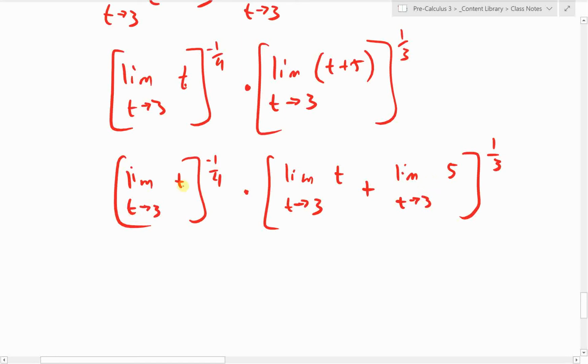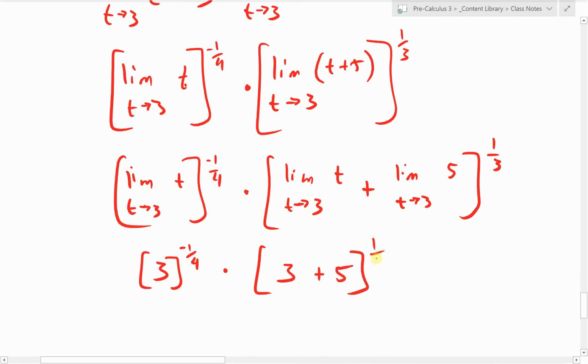So the limit as t approaches 3 of t is 3, and that's raised to the negative 1/4 power. And on the right, we have the limit as t approaches 3 of t, which again is 3, plus the limit as t approaches 3 of 5, which is 5.